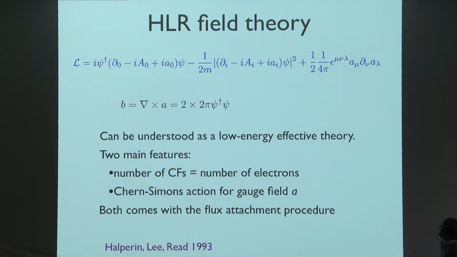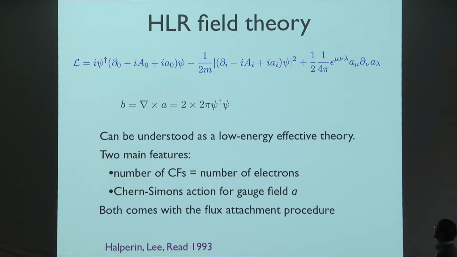Two main features of this theory that will play a big role in our discussion are the following. First, the number of composite fermions is equal to the number of electrons. And that is by construction. We construct the composite fermion by attaching flux to the original electrons.